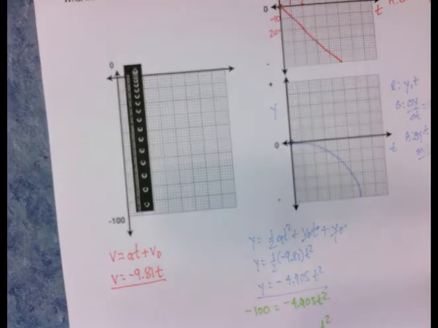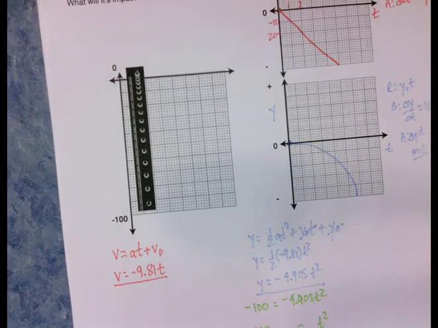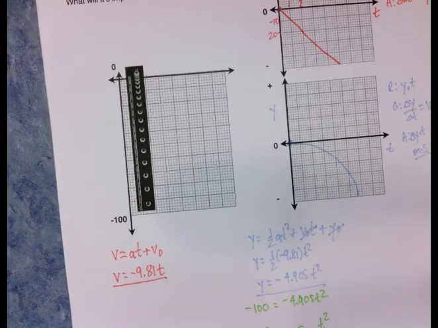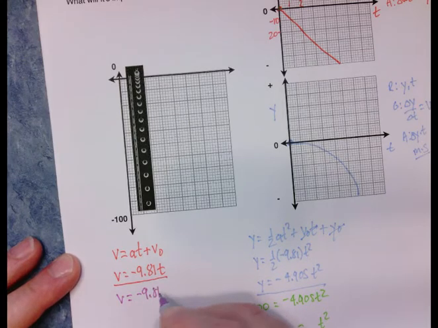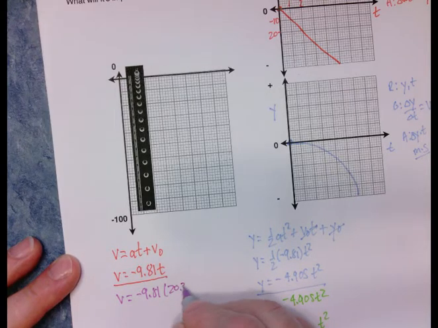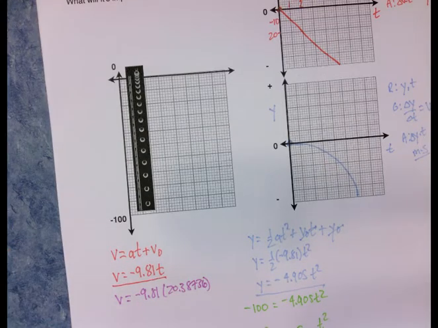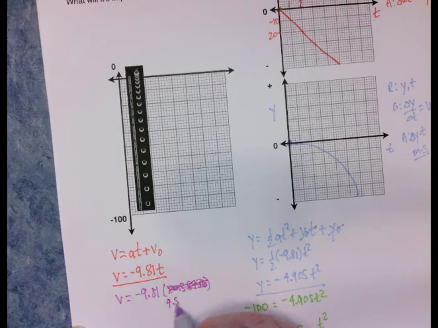Now the velocity, in this particular case, we will use that time. So v equals negative 9.81 times the unrounded value of the time, or excuse me, the 4.52, the unrounded 4.51524.